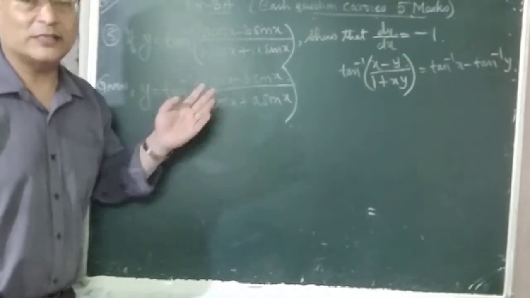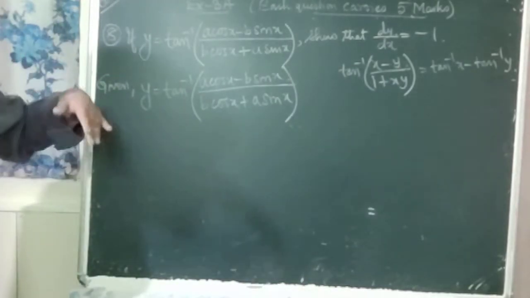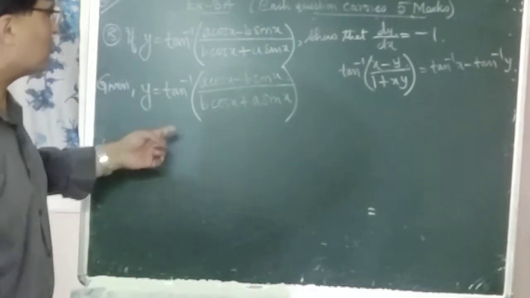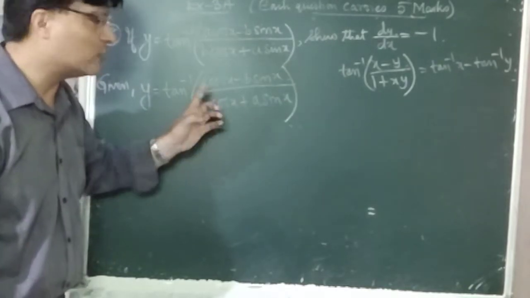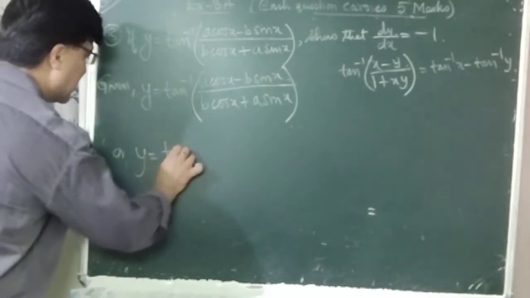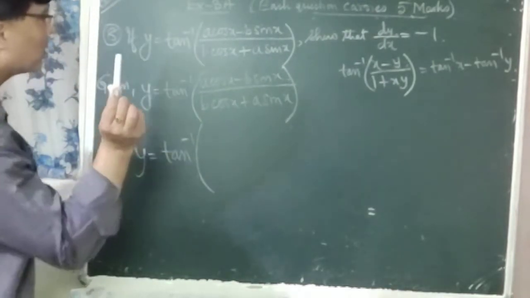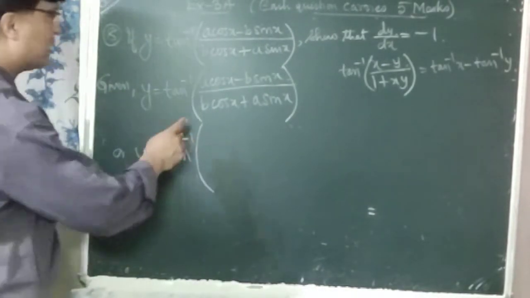That means we are dividing the denominator by b cos x, so you have to divide the numerator by b cos x also, isn't it? So you have to divide both the numerator and the denominator by b cos x, right? So y is equal to tan inverse. What do we get out here?